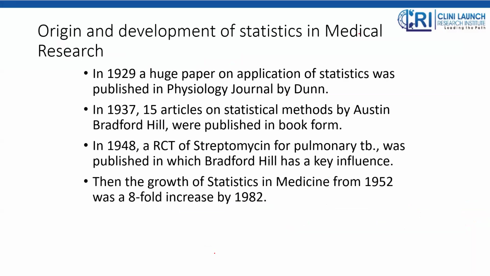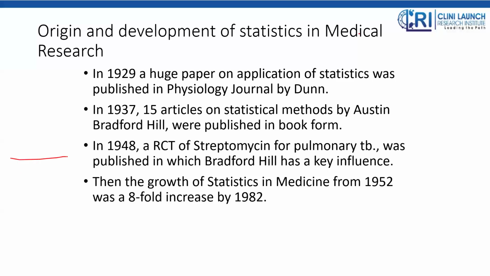Now we will learn some important things: how statistics originated. Only a few instances: in 1929 there was a huge paper on the application of statistics published in a physiology journal. Similarly, in 1937, 15 articles on statistical methods were given by Austin Bradford Hill. He is a very famous researcher.